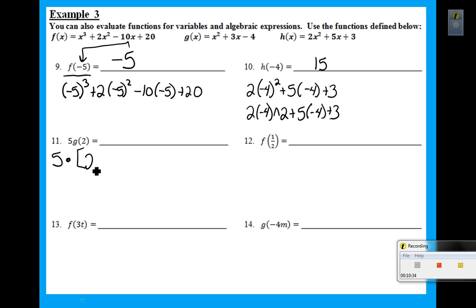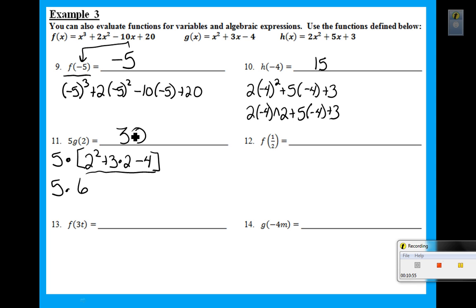So it's going to look like 2 squared plus 3 times 2 minus 4. And then I'm going to leave that 5 out there for a second. I'm going to run this part through my calculator real fast, and I'm going to get 6. Well, to bring it home, 5 times 6 is 30. And then we have it.